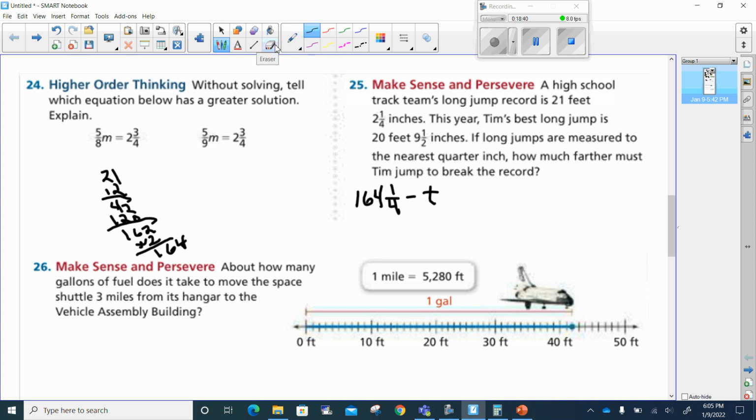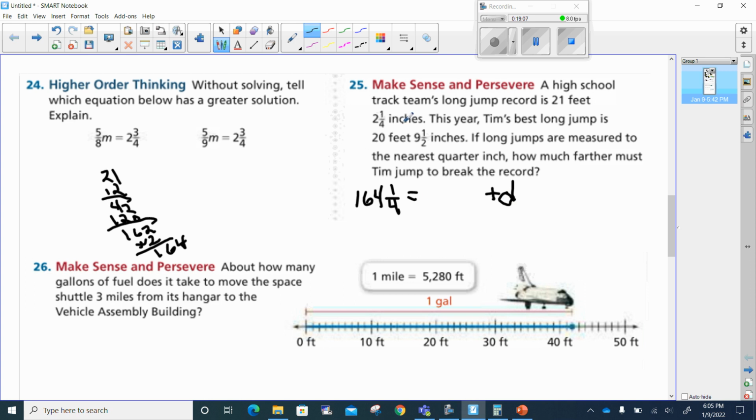Actually, there's another way to do this, probably a little better. You can put this equal to 20 feet and 9 1/2 inches of distance, plus inches, because they're asking for how many more. Well, maybe we'll just put d for distance, right?